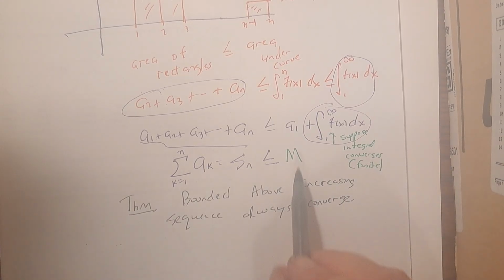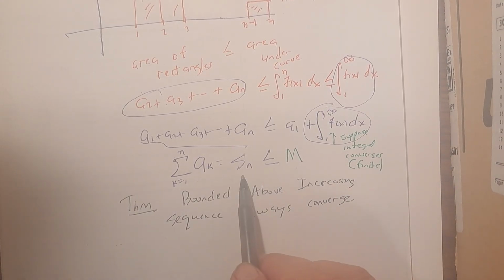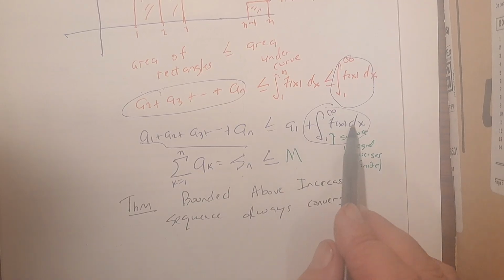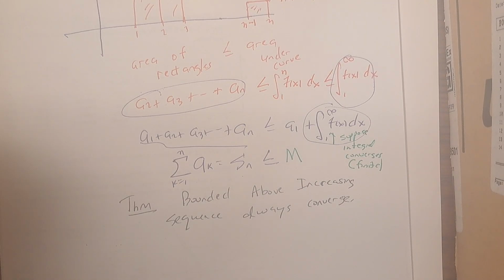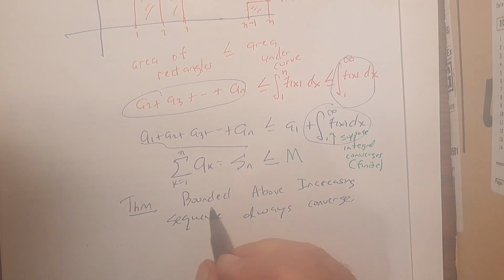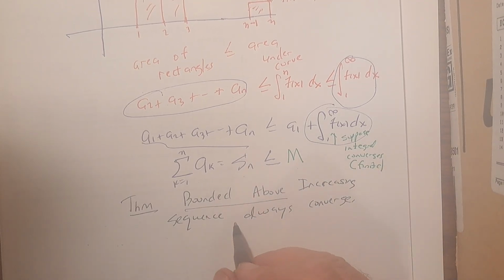Well, this sequence is bounded above because it's less than or equal to these two numbers added together, which I'm calling big M. So it is bounded above, and it's increasing because every time you add a term on, you're adding a positive number, so that makes it get bigger.